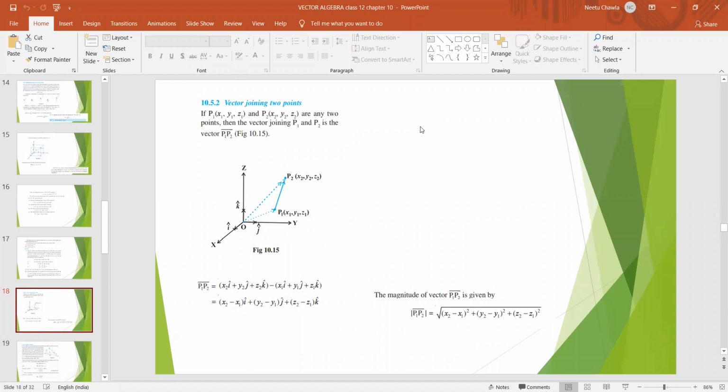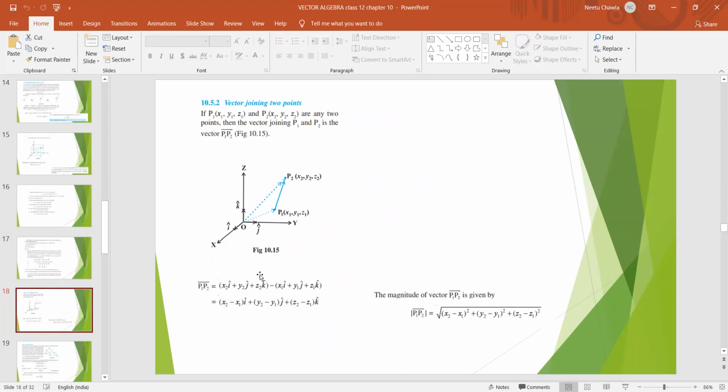And moving to the vector joining two points. If two points are given with their coordinates and we have to write it in vector form, just see how we are going to write. Suppose point P1 has coordinates x1, y1, z1, and P2 is x2, y2, z2, and we have to write P1P2, meaning P1 to P2.